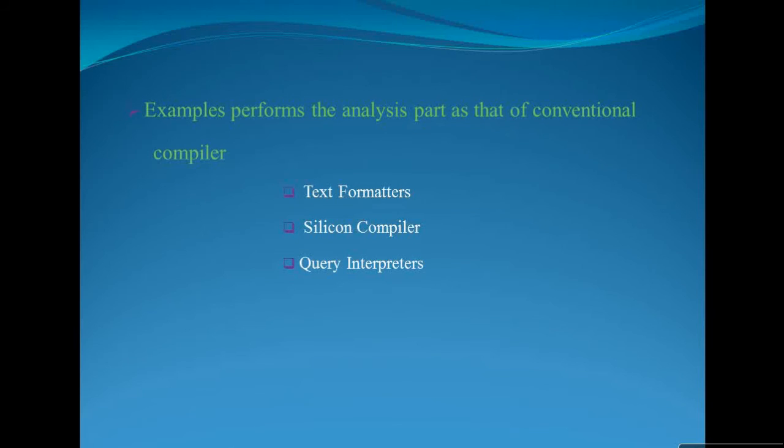A text formatter takes as input a stream of characters, most of which are text to be typeset, but some include commands to indicate paragraphs, figures, or mathematical structures like subscripts and superscripts. So a text formatter takes the sequence of characters from a particular text.